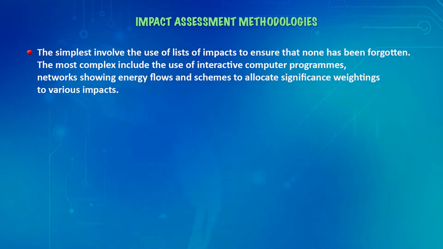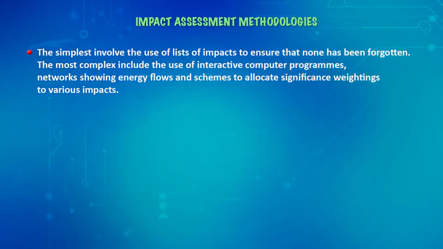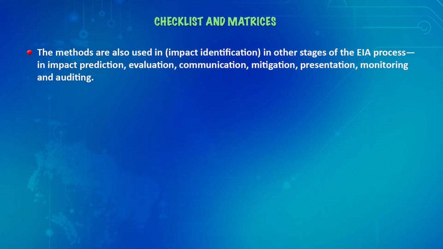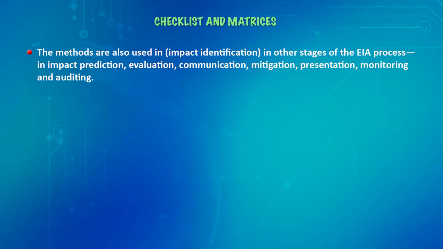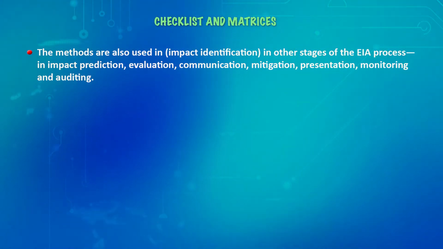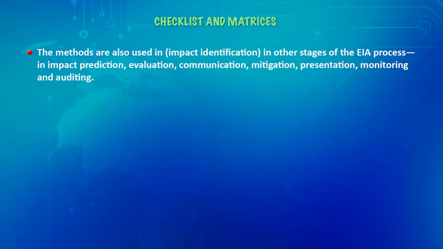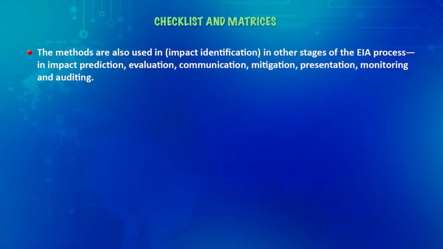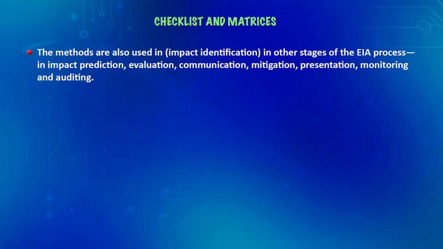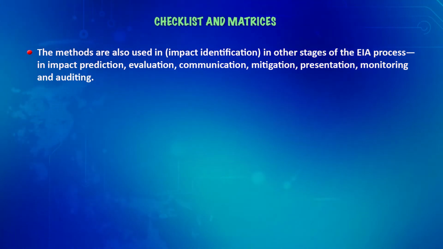So in a way, the methods range from the simplest to the complex, and time and again I am mentioning that these methods are basically useful for identifying the impacts. Yes, they are useful for identifying the impacts, but they have been used for other aspects also: impact prediction, impact evaluation, communication of the impacts, and mitigation.